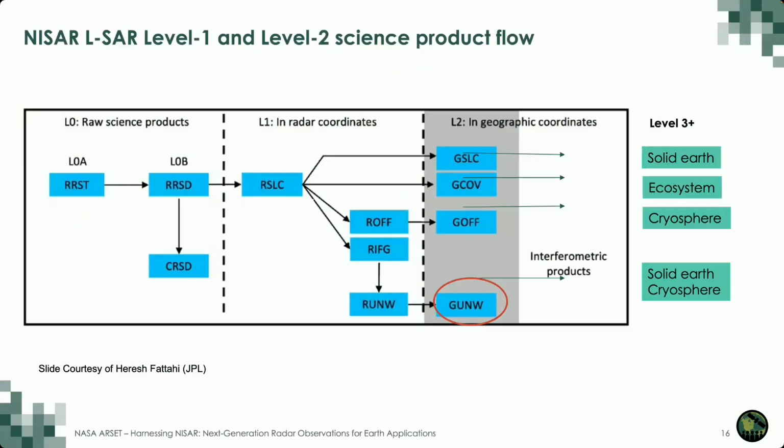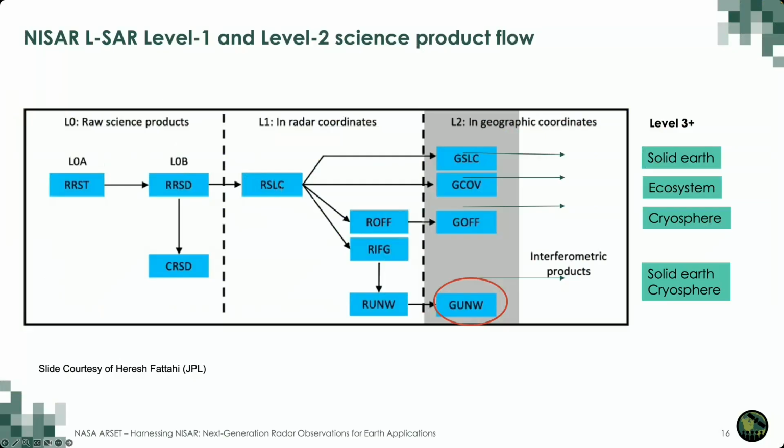So this is a simplified processing diagram for the NISAR system. In the NISAR processing system, level 0A is the data that comes down from the satellite that gets reformatted and with additional information becomes level 0B. These are the raw data products, not usually used by regular users, although some power users do their own processing with the level 0 data.